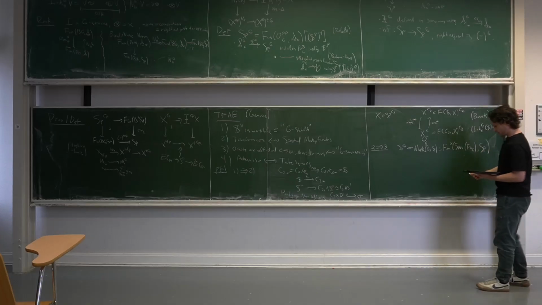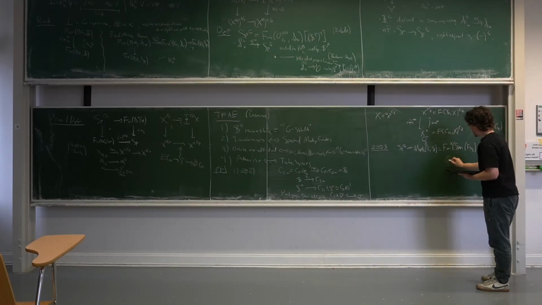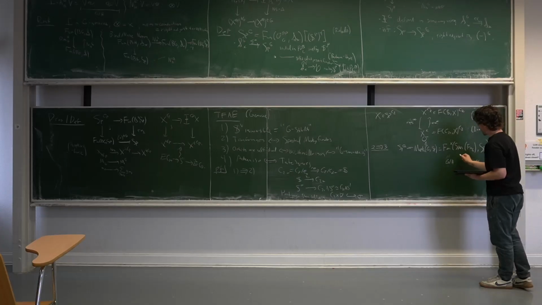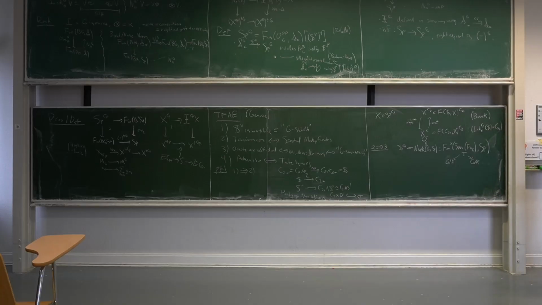And this span category is, well, if I have, say, two orbits, G mod H and G mod K, then the maps between them are diagrams like this, where T is some other finite G-set. That's what a morphism in this category is.